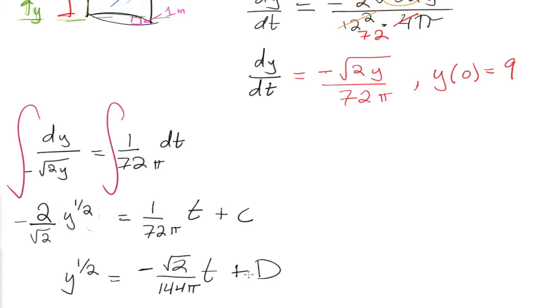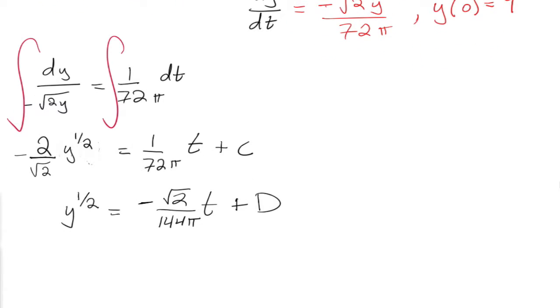Okay, and at this point we can find d, because we have an initial condition. We just plug it in. When t is equal to 0, y is equal to 9. So if I plug in 9 for y and 0 for t, I get that d is equal to 3.